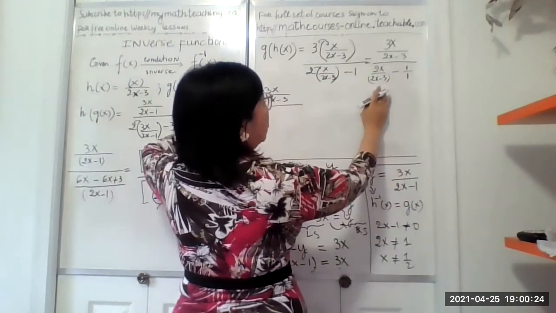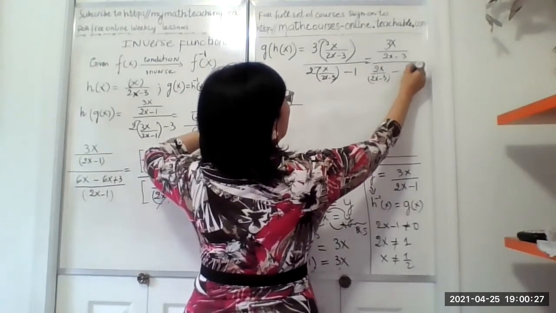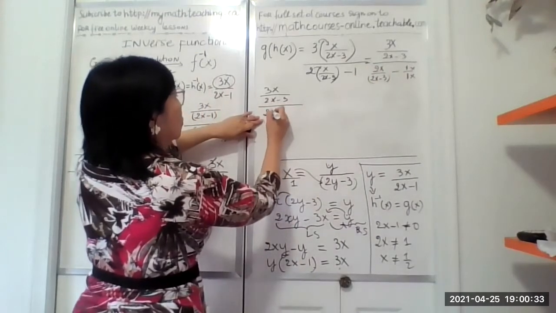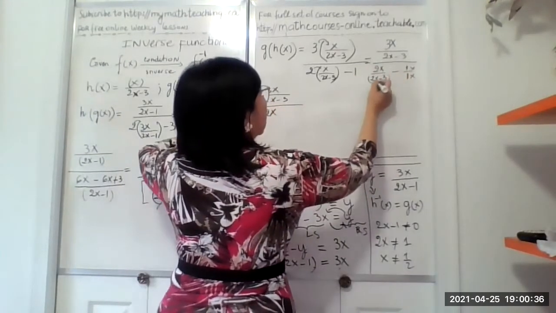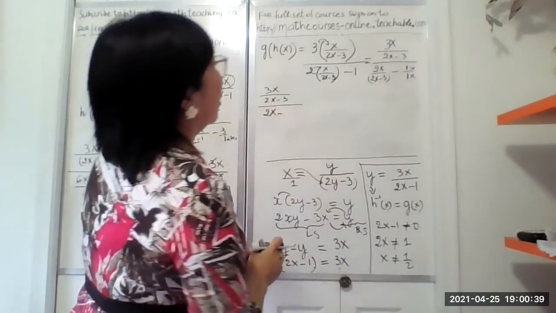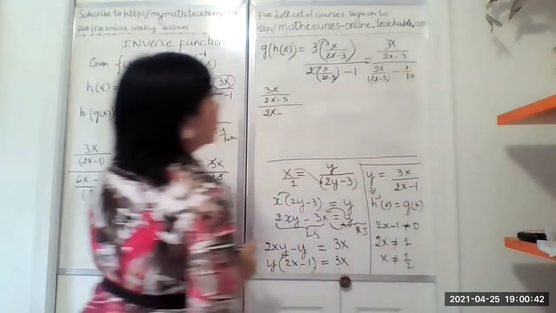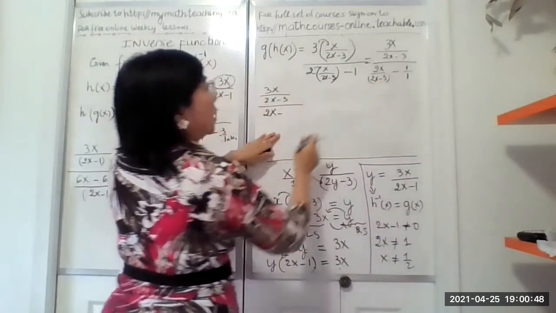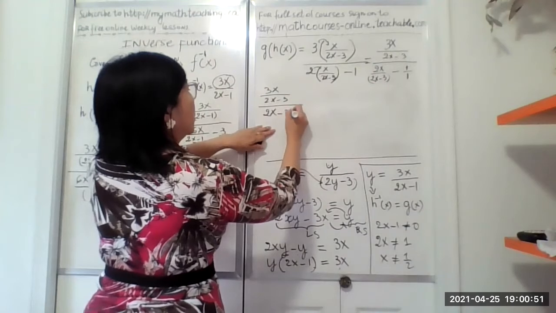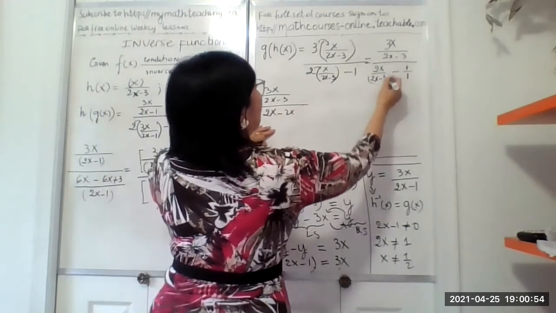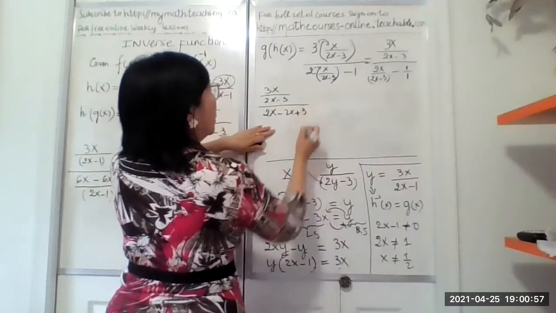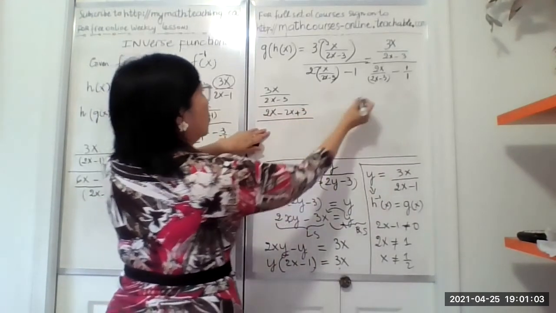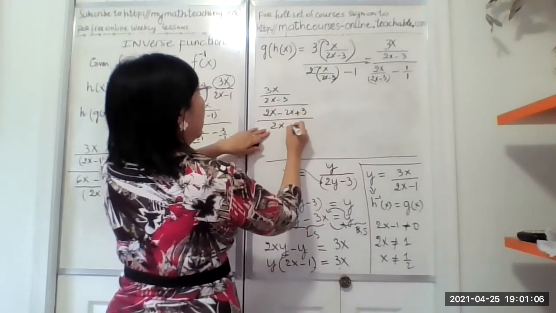And this just stays the same because that's how we do common denominator. So 2x minus 1, sorry, minus 1, not 1x. Minus 1 times this bracket will become minus 2x. And minus 1 times minus 3 will be plus 3. And all of this over the same common denominator, which is 2x minus 3.